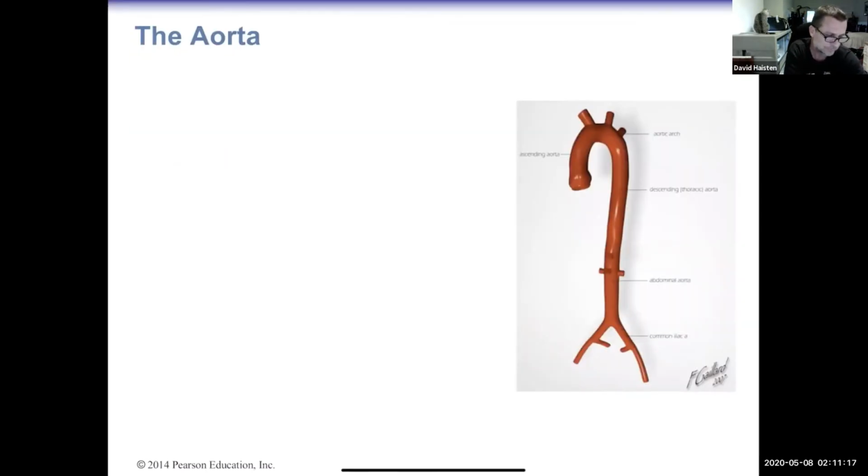Here we go. Ascending aorta, aortic arch, descending aorta or thoracic, abdominal aorta, and then the aorta is going to branch off in your pelvic region into the common iliac arteries, left and right.